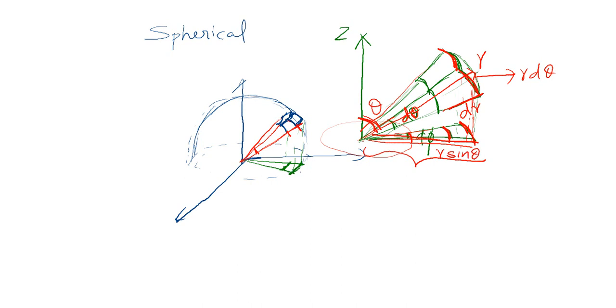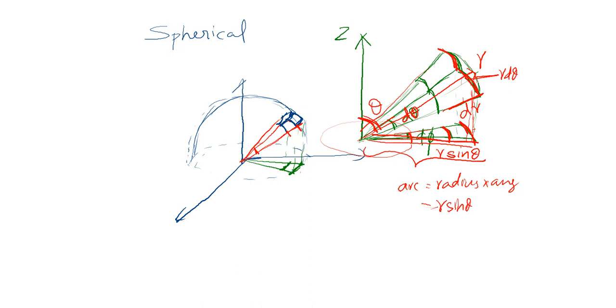So what is the arc length now? Radius into angle. This length is r d theta, and here arc is equal to radius into angle. So the radius is r sin theta. Remember why r sin theta?